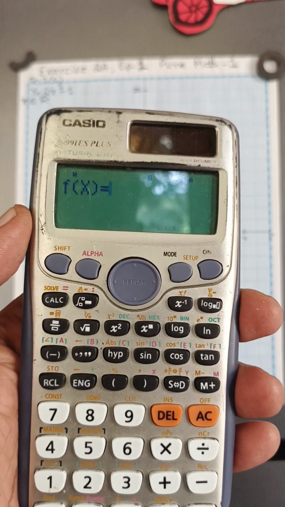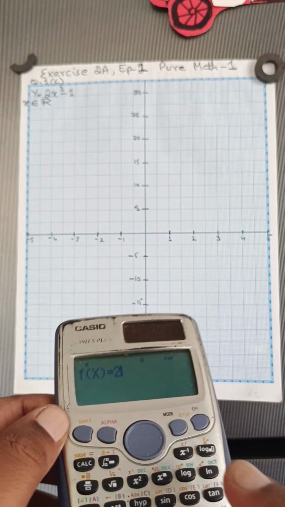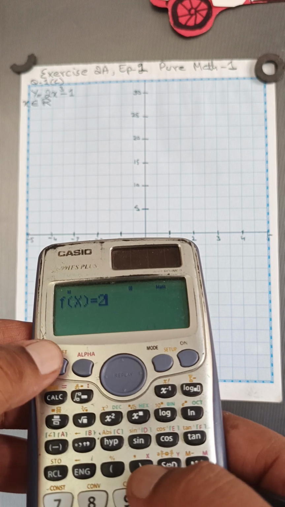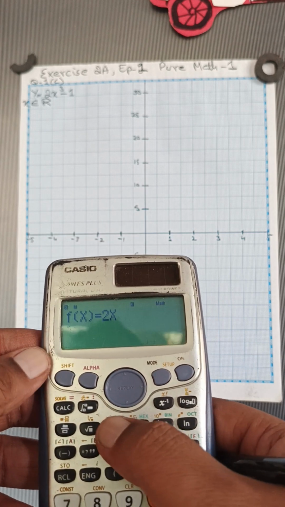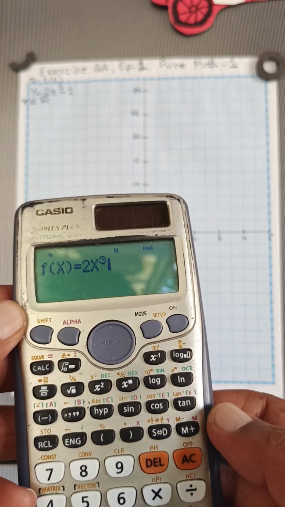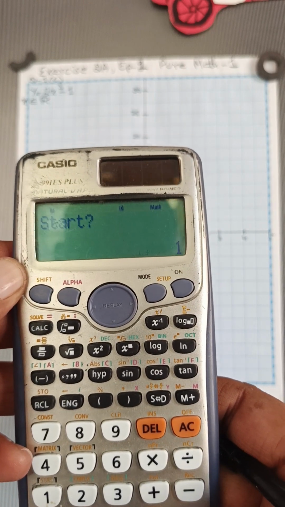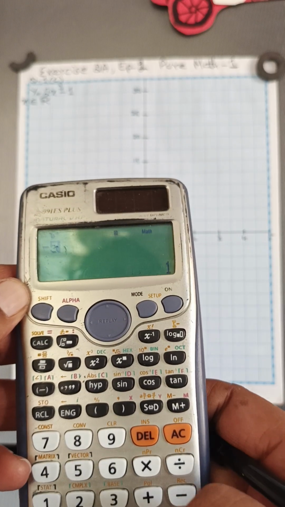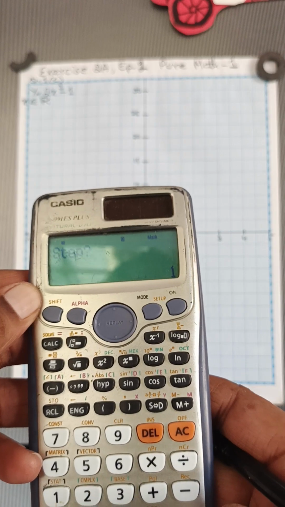It will ask you to enter the equation, so that is 2, then alpha and this x, then the cube, which is in the shift button. So you have 2x cubed minus 1, equals, and then it asks where to start from. I said start from minus 5, equals, end at 5, and the step is 1.